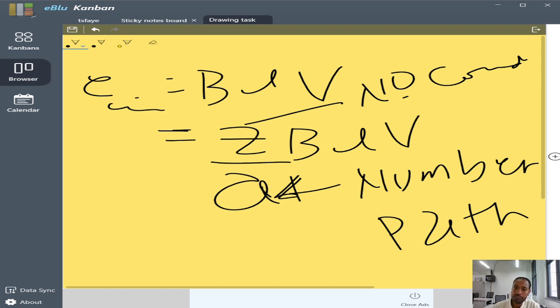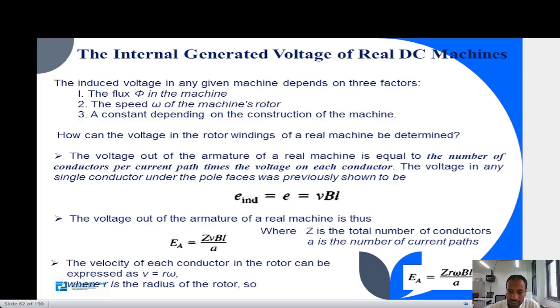Therefore, the induced voltage, or generated voltage, is going to be Z by A times B, L, V maximum, and the voltage of our armature on the real DC machine is going to be Z V B L by A, where Z is the total number of conductors and A is the number of current paths.